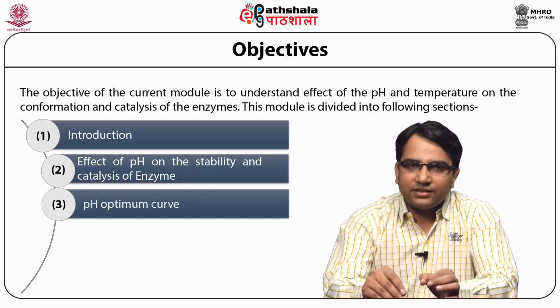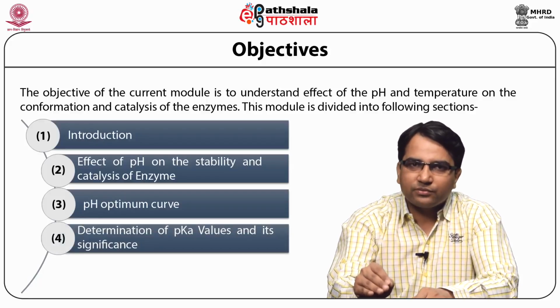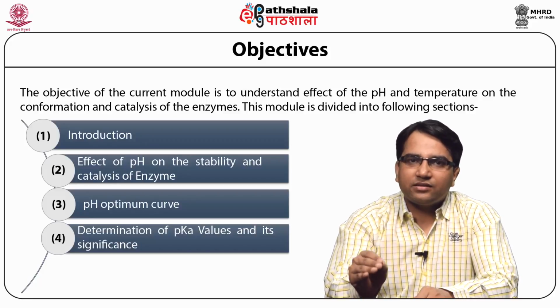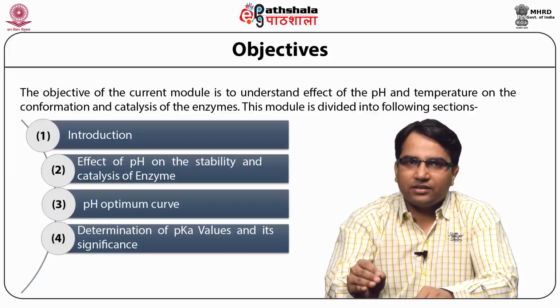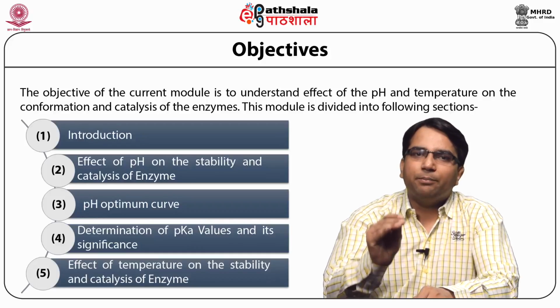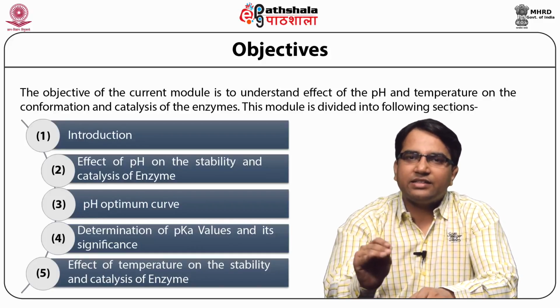Then we will discuss how we can determine the pK values of enzyme active sites, side chains and their significance. And in the last, we will discuss the effect of temperature on the stability as well as catalysis of the enzyme.